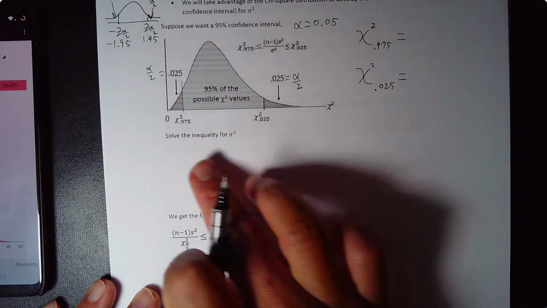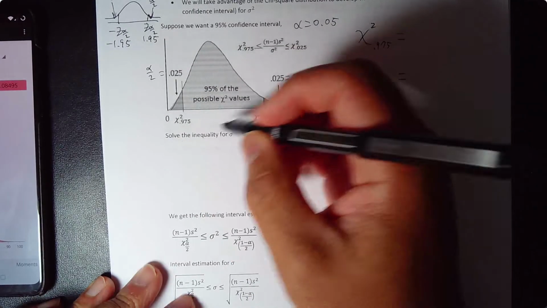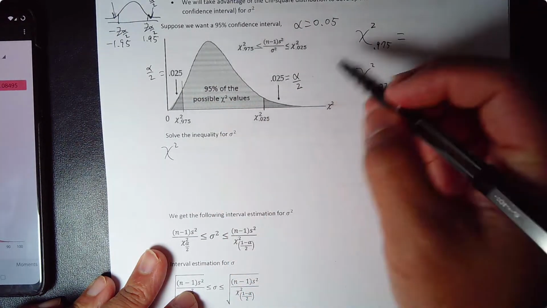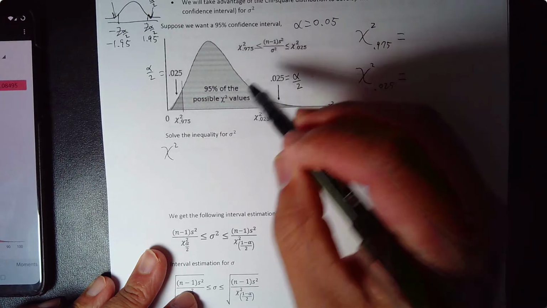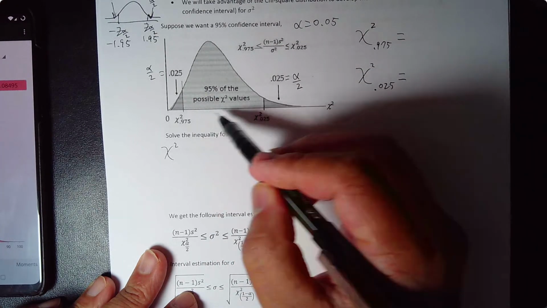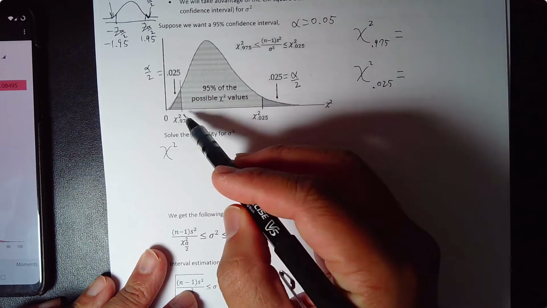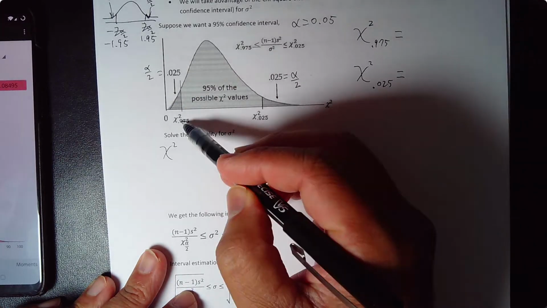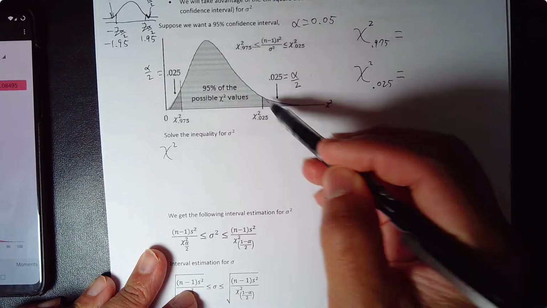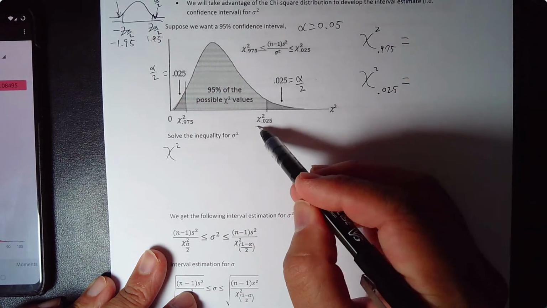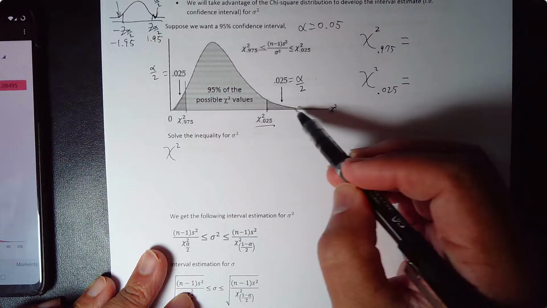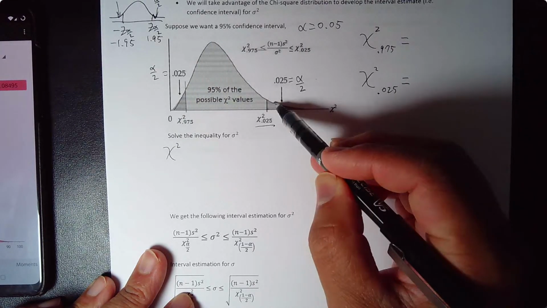Here I have again chi-square 0.975. The reason it's 0.975 is that the area to the right of this number is 0.975, and the same reason this one is 0.025 is that the area to the right of this number is 0.025.